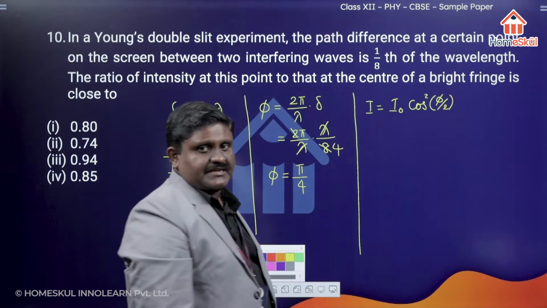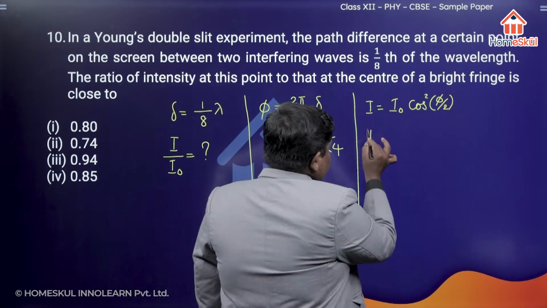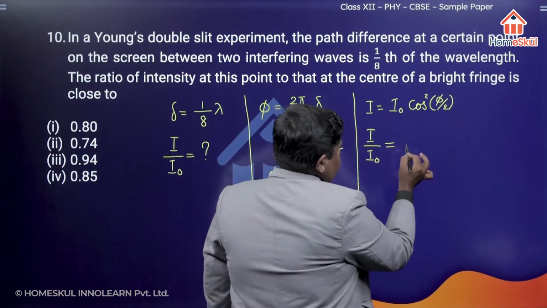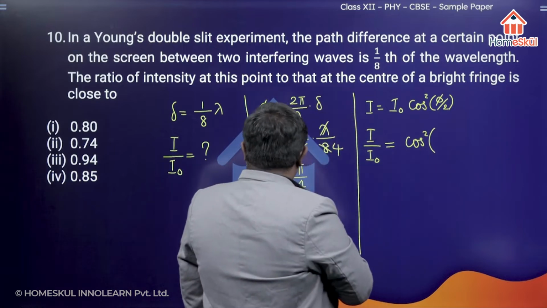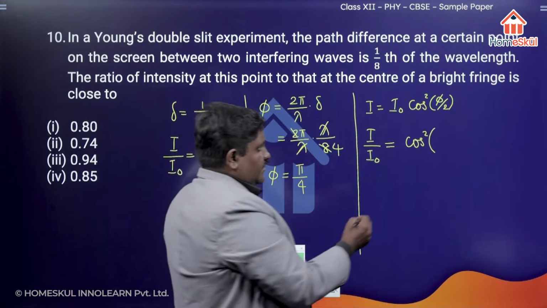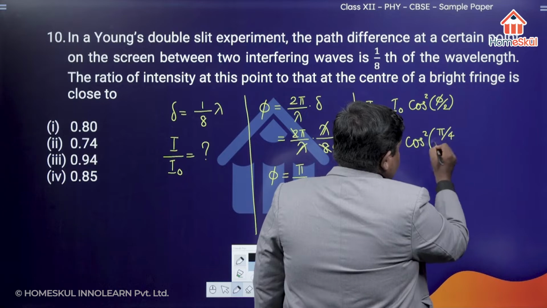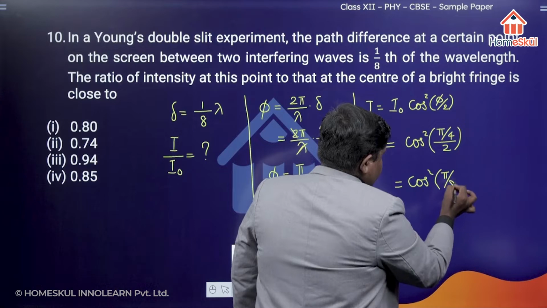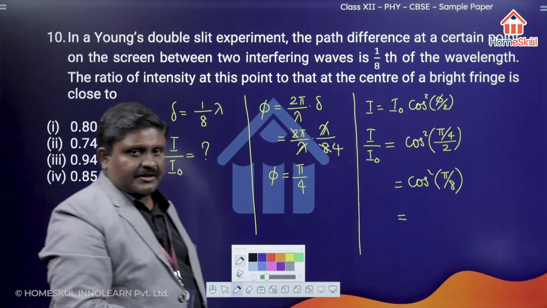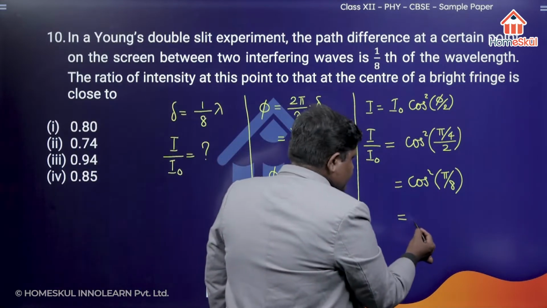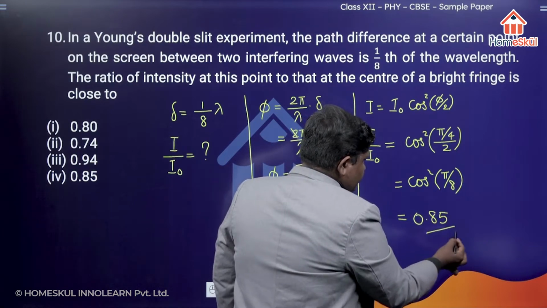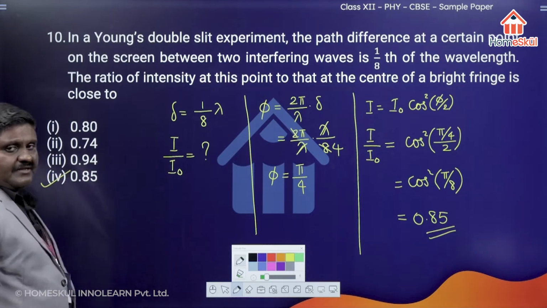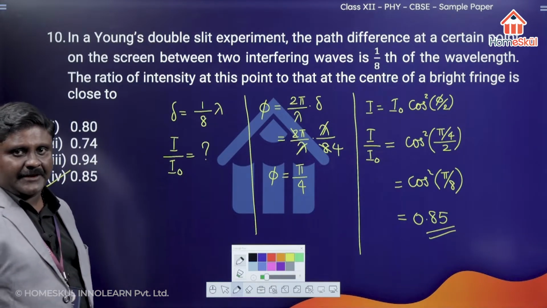This is the expression for intensity. Therefore I by I0 is equal to cos square of, what is phi here? Pi by 4. Therefore pi by 4 divided by 2, that is equal to cos square pi by 8. While calculating this, we get the value as 0.85. So option 4 is the correct answer. Clear?